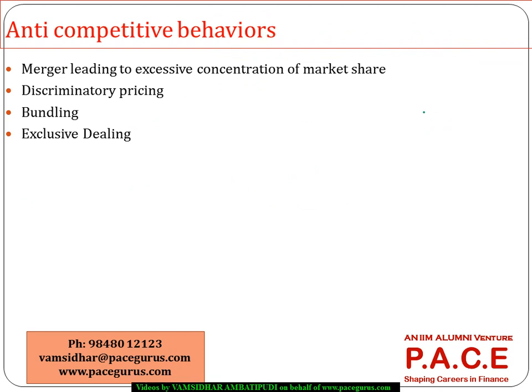And sometimes there is a huge intervention with respect to anti-competitive behaviors, more in terms of merging. See, the intention is to promote good, healthy competition among the various companies.